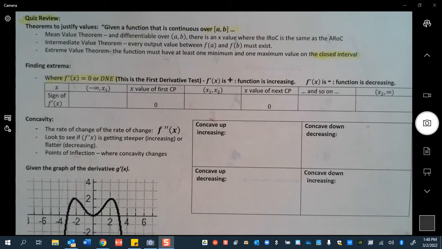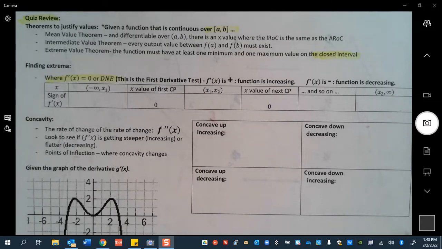We call that the first derivative test. If my derivative is positive, my function is increasing. If my derivative is negative, my function is decreasing.